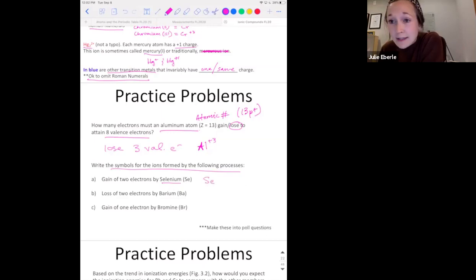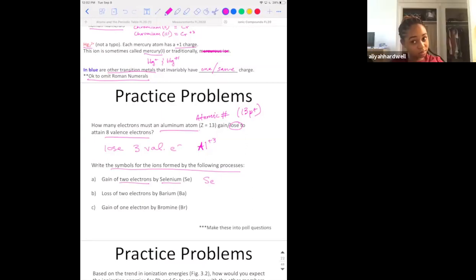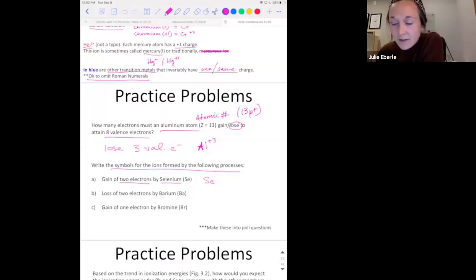Well, first off, you're going to write Se. You gain 2 electrons. So does that mean it becomes a cation or an anion? Anion. An anion. Anions have negative charges overall. So if it gained 2, that's going to make it a -2.